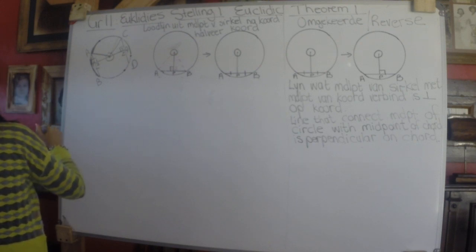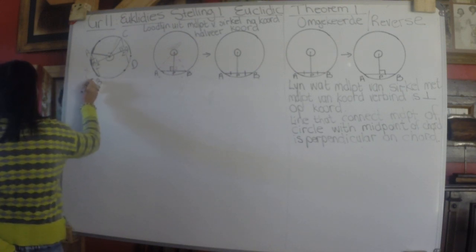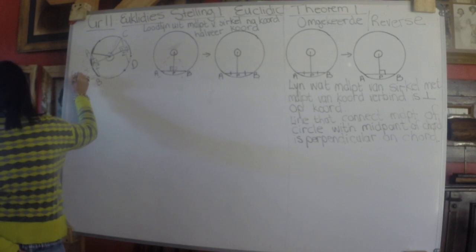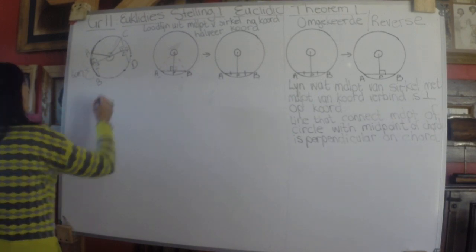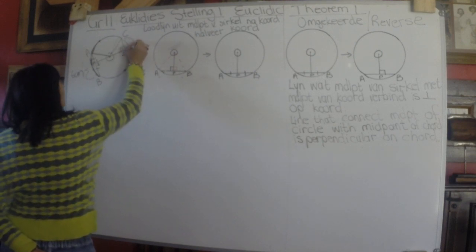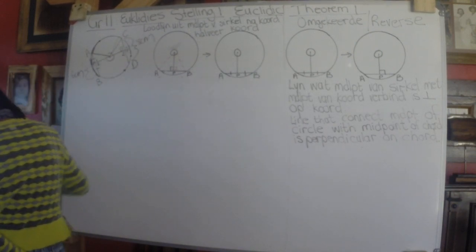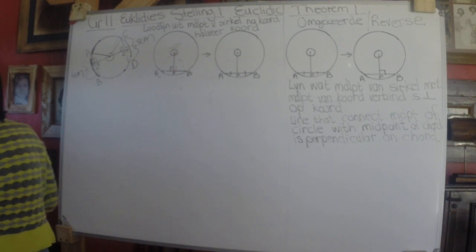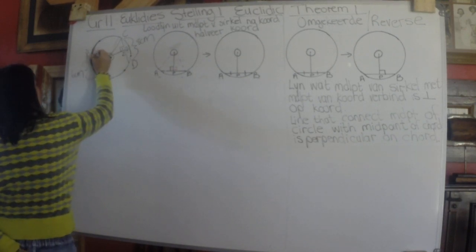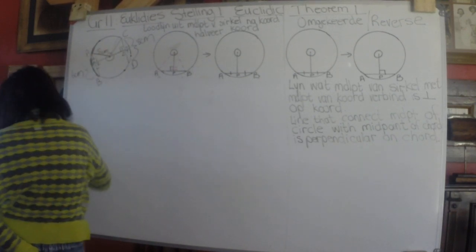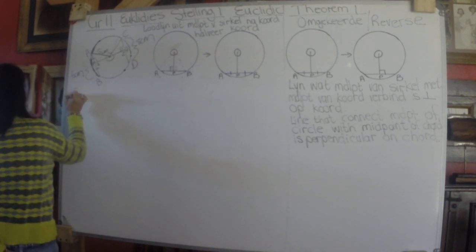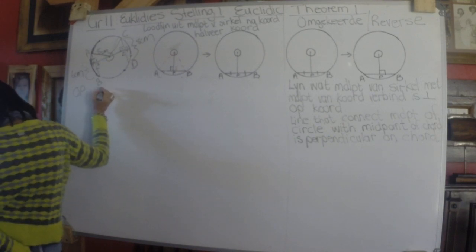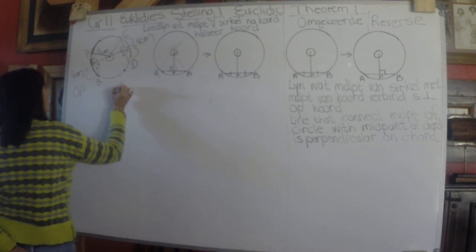AB is 6 cm long, CD is 8 cm long, and the radius is 5 cm. So the first question is, determine the length of OP and PQ.